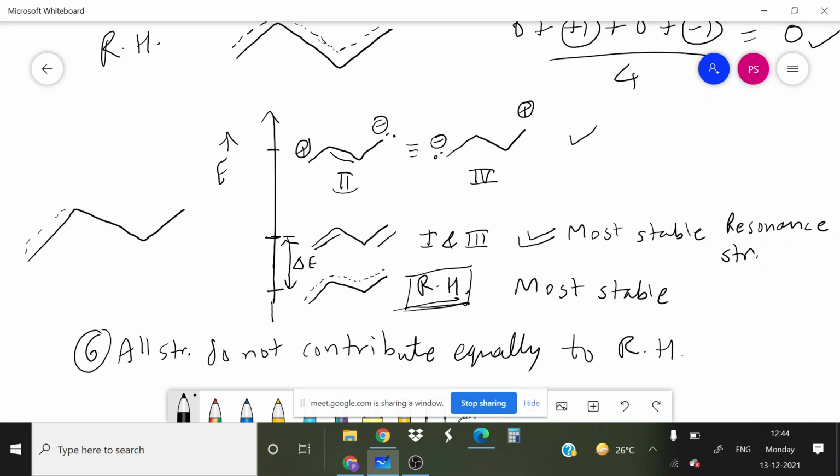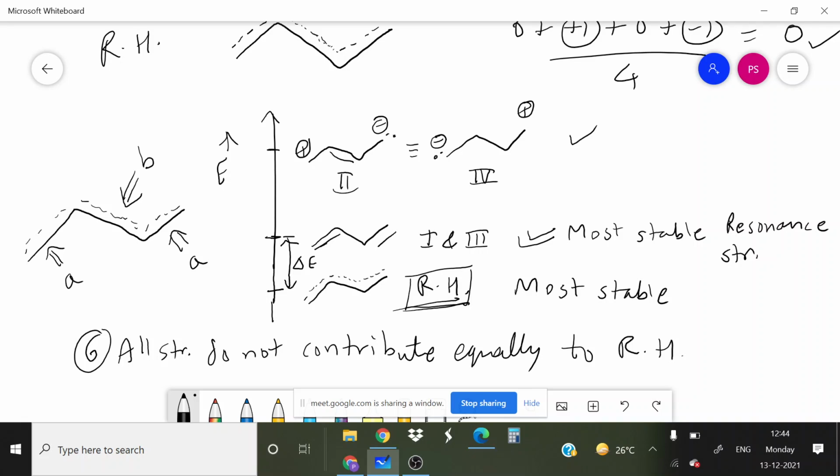Now you tell me, in this resonance hybrid, a double bond acquires partial single bond character and a single bond acquires partial double bond character. Okay. So there are two types of double bonds. These two are, say, A type, and this one is B type. So A types are chemically equivalent and B type is chemically different than A type bond.